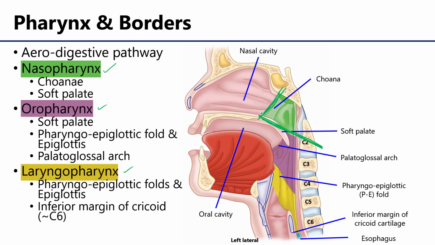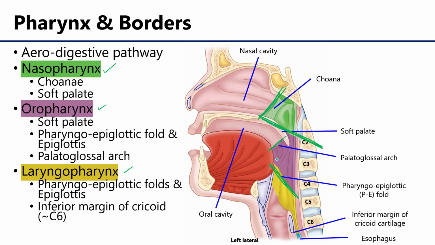The oropharynx is contiguous with the oral cavity at what is known as the palatoglossal arch. And it transitions between the oropharynx and the laryngopharynx at the pharyngoepiglottic fold and the epiglottis. So that's going to roughly run through here.